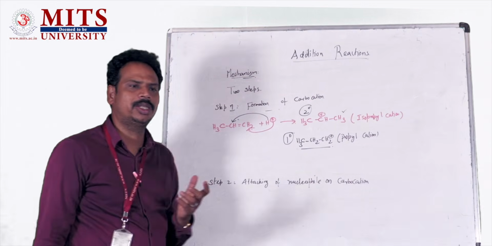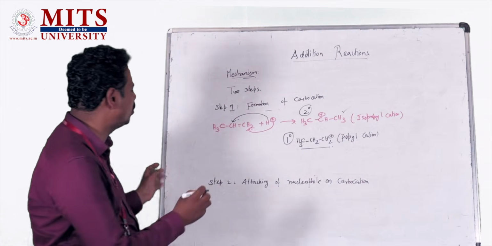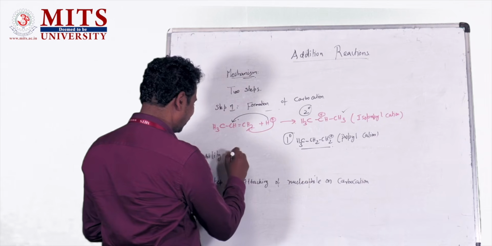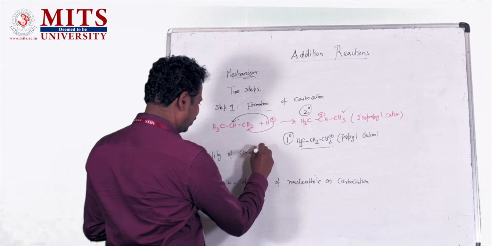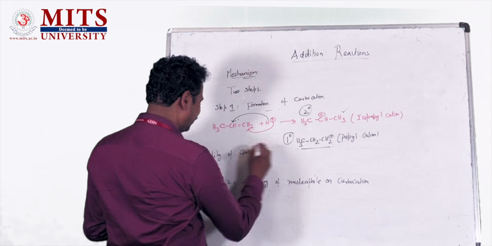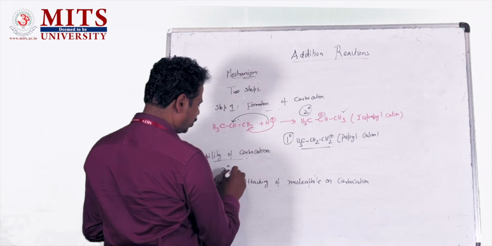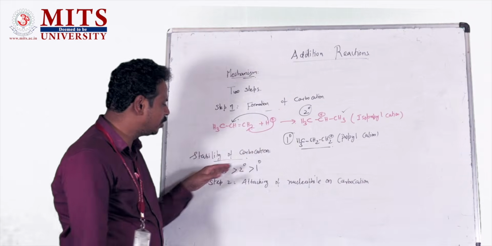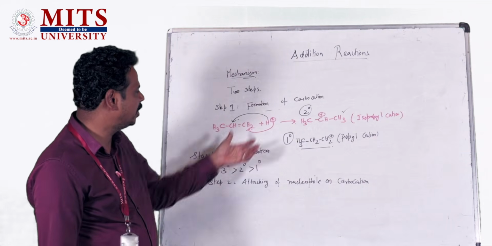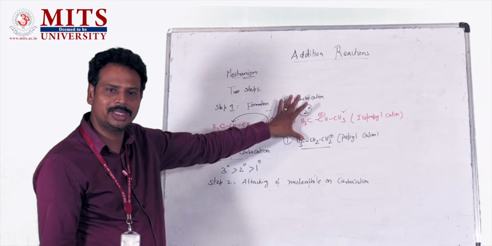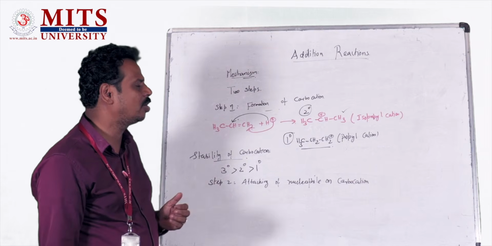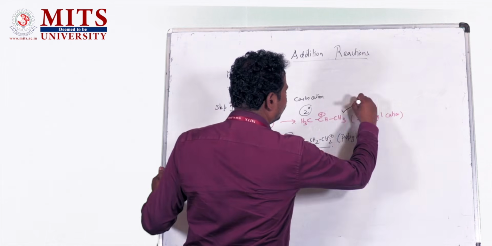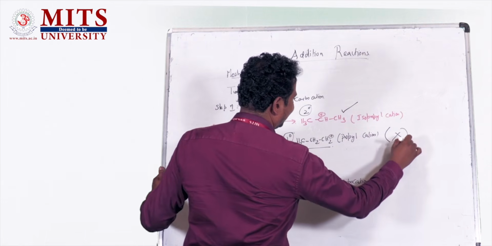We all know the stability of the carbocations: tertiary is the most stable, then secondary, then primary. So according to the stability of the carbocation, with secondary and primary as possibilities, obviously the secondary carbocation is the more stable. That is why only the isopropyl cation is formed, not the propyl cation.